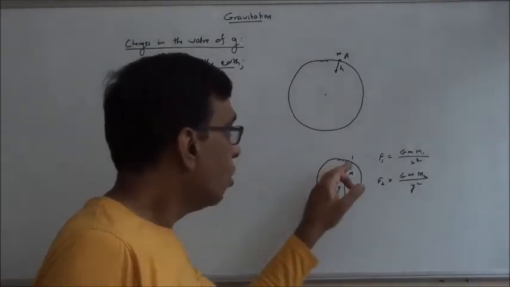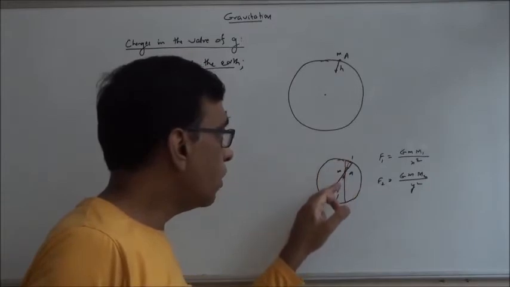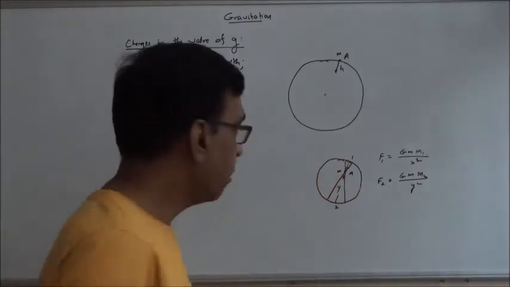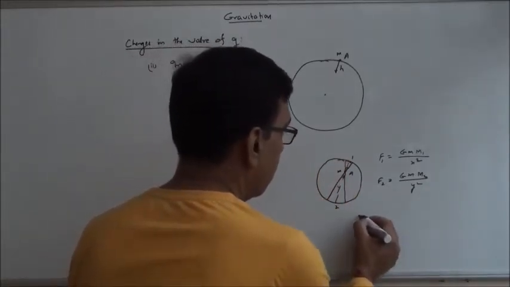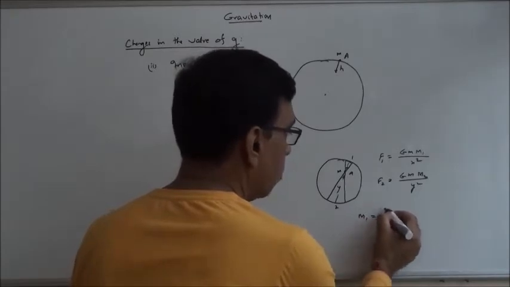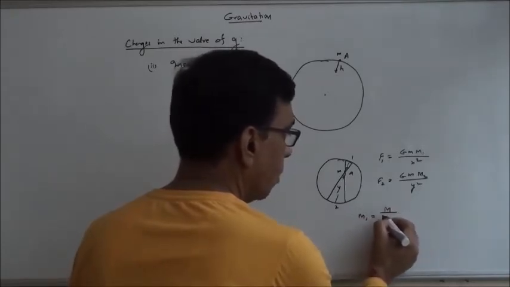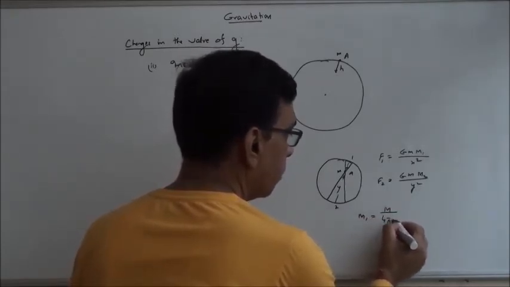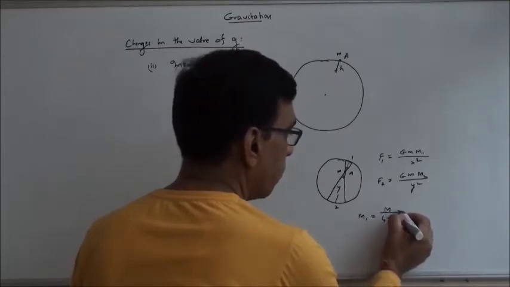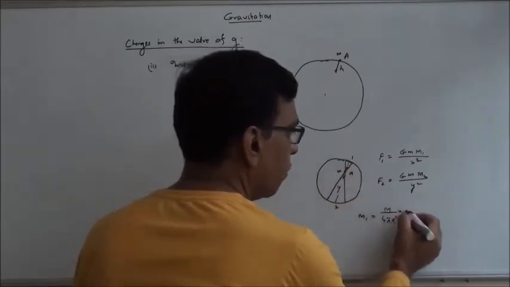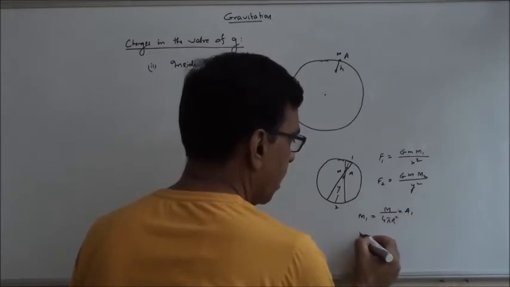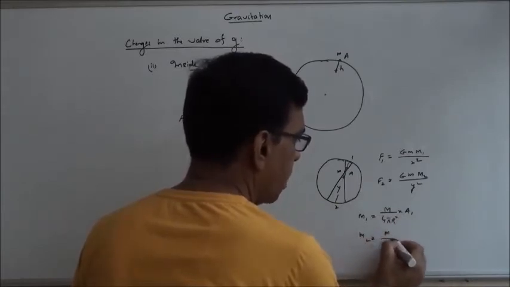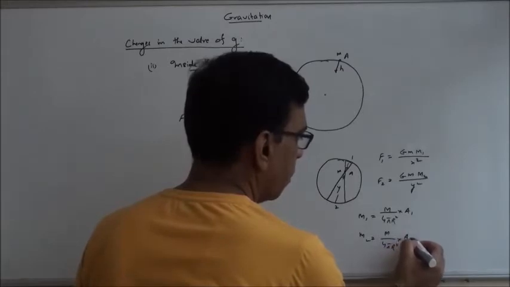Now, what is the mass of this part? M1 is total mass per unit area multiplied by area of this part, whatever it is. And same way, M2 will be mass per unit area into A2.